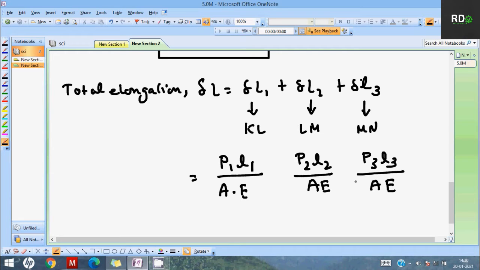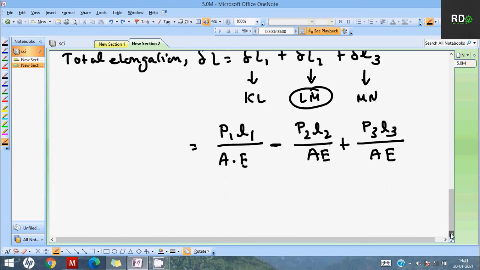You might be thinking why I have used plus or minus. It will be plus in the third segment. But since the second segment, the LM segment, is compressive in nature, we have to use the negative sign there. Are you following me?